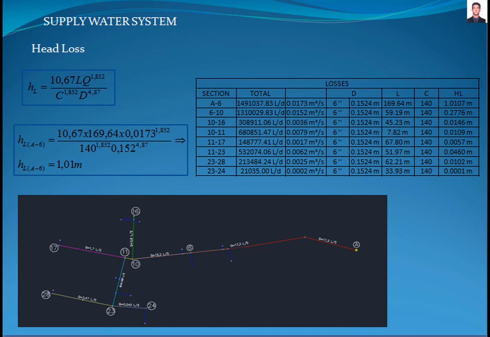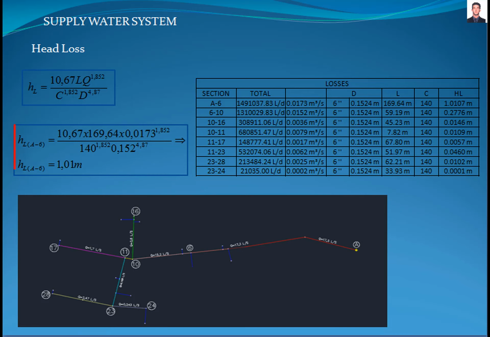These losses are calculated with equation 3-2 of the American Water Works Association M11 standard, transformed to MKS system, because it's more simple to work in metric units to calculate the final pressure in the system, where HL is the loss, L is the length of the section analyzed, Q is the flow rate, C is the Hazen-Williams roughness coefficient, which is 140 for brand new steel pipes, according with the American Water Works Association M11 standard, and D is the diameter of the pipe.